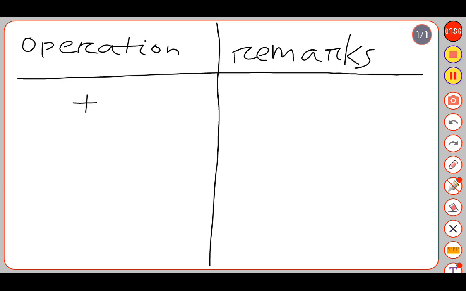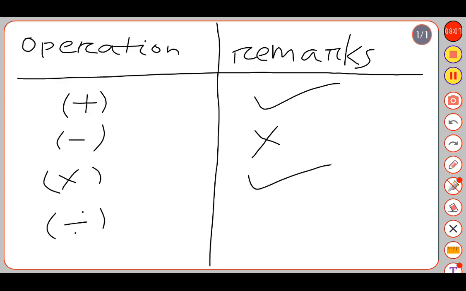So for addition it will follow, for subtraction it will not follow, for multiplication it will follow, and for division it doesn't follow. So we came to know that whole numbers are associative under addition and multiplication, but they are not associative under subtraction and division. Similarly we can try for rational numbers and integers also.